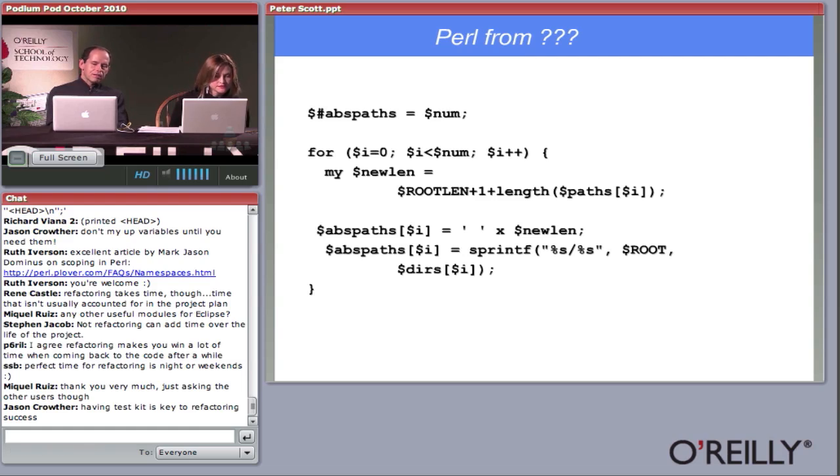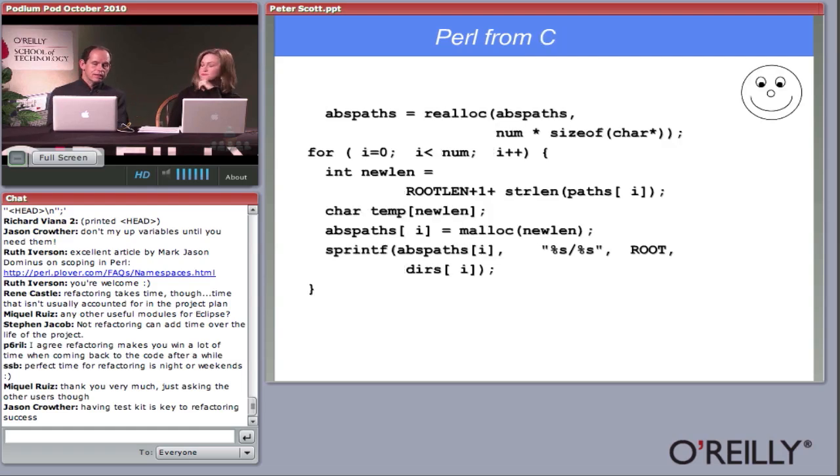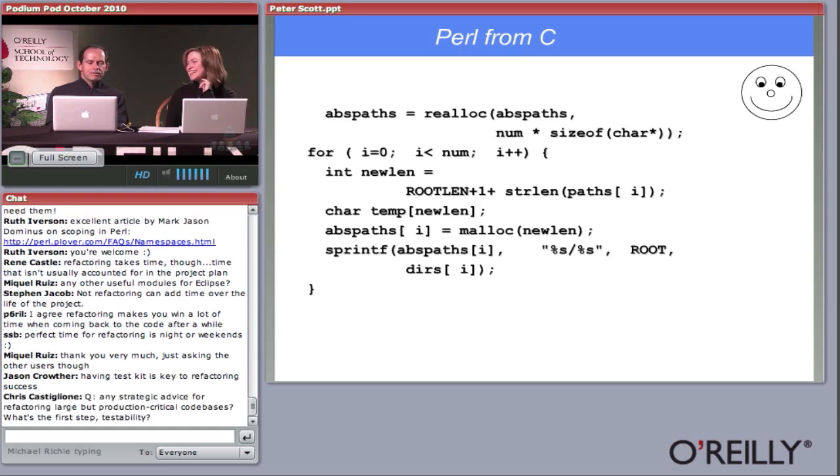I have a section on showing just how much Perl can look like other languages. People who are used to other languages tend to come to Perl because there are so many ways of doing it. One of those ways can look like their favorite language. So you can have Perl code that looks like this, and realize that it actually is written by someone more used to C, so they program it like that.